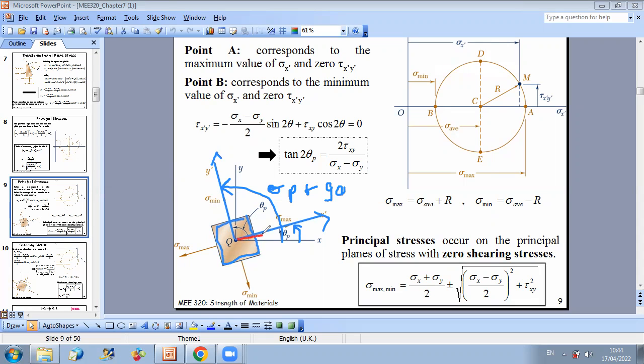The normal stress to this face is sigma x prime maximum. The normal stress to this face is sigma y prime maximum. And I don't have shear stresses. Shear stresses are equal to 0.